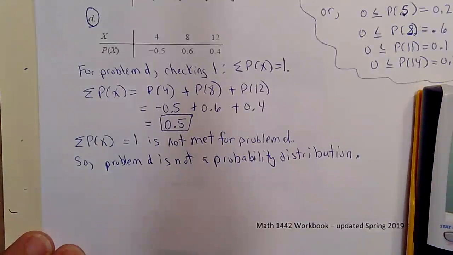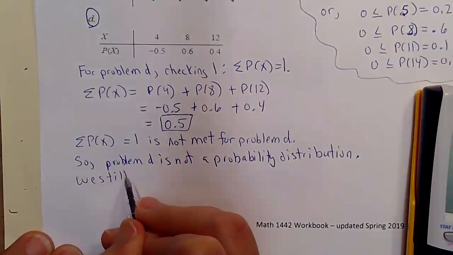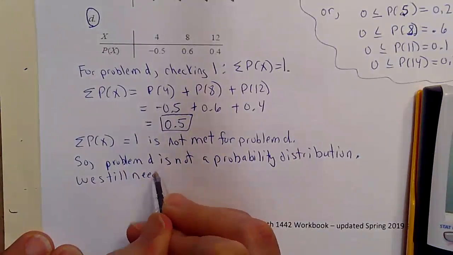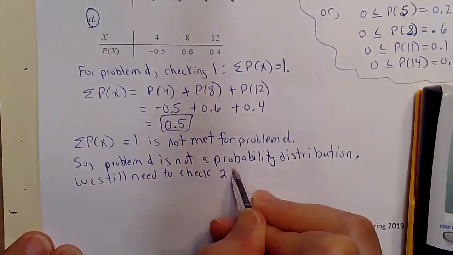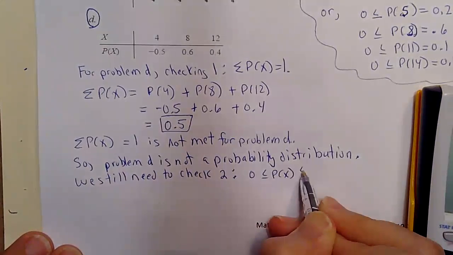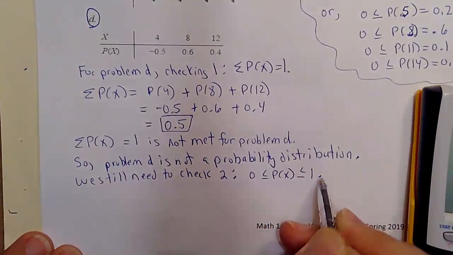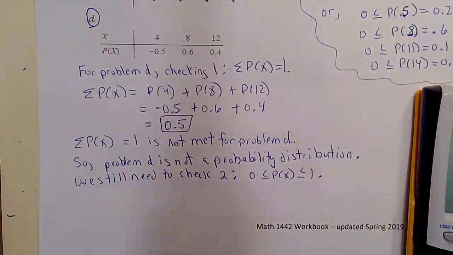I still need you to check number 2. We still need to check 2, which is to check each probability and see if it's between 0 and 1.